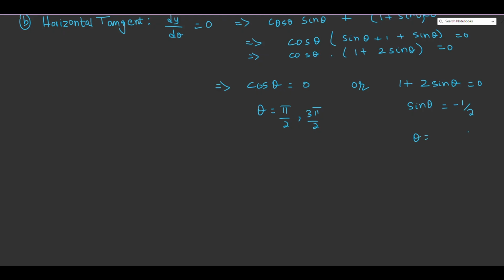And remember that sine is negative in the third and the fourth quadrant, so in the third quadrant, it will be equal to pi plus pi by 6, and in the fourth quadrant it will be equal to 2 pi minus pi by 6.